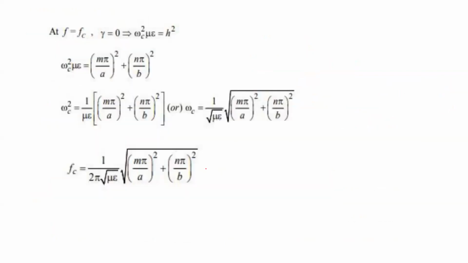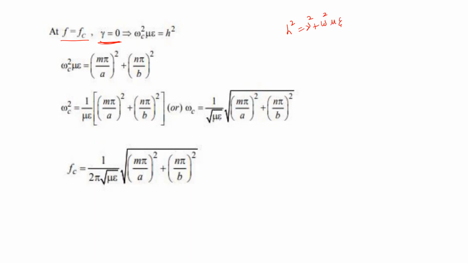Now, let us take the case when f is equal to fc. Gamma, we said, will be 0. Now, when gamma becomes 0, we can write, see, h square is equal to gamma square plus omega square mu epsilon.